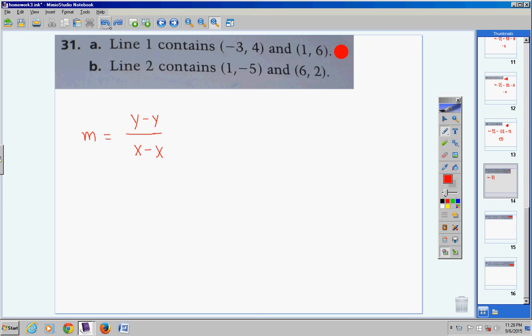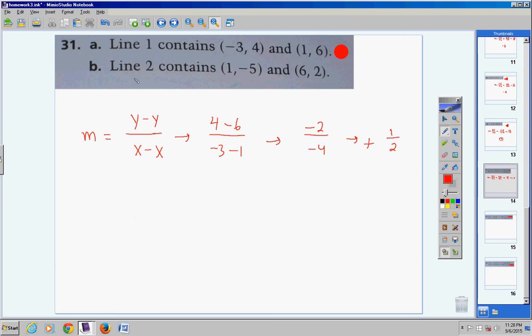Y minus y, that's 4 and 6, so 4 minus 6. Then x minus x, that's negative 3 and 1, so negative 3 minus 1. So 4 minus 6 is negative 2, and negative 3 minus 1 is negative 4. Negative over a negative is positive. 2 over 4 reduces to 1/2. So I found the slope of line 1.